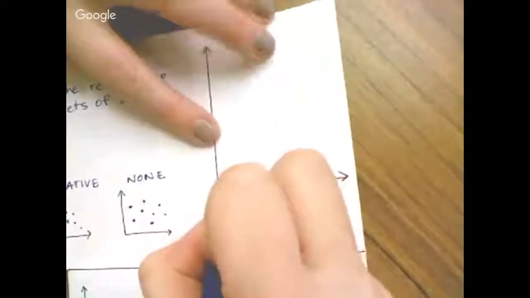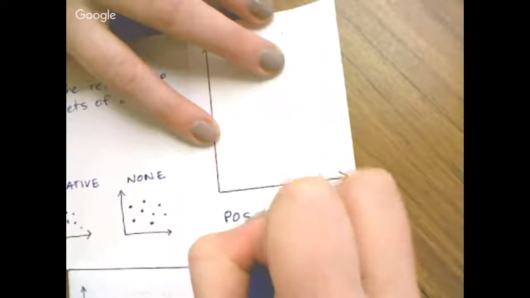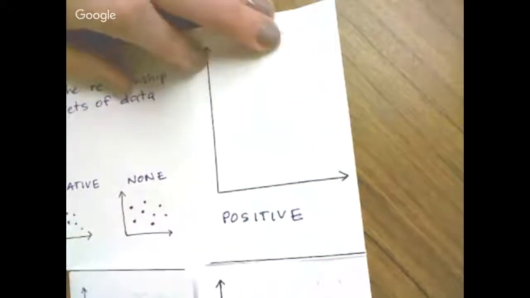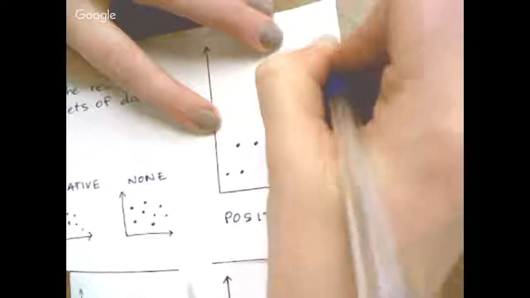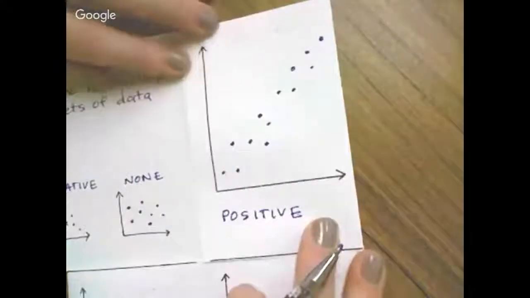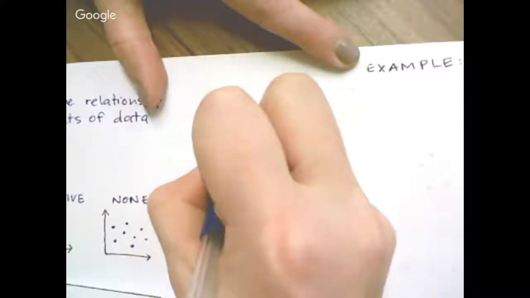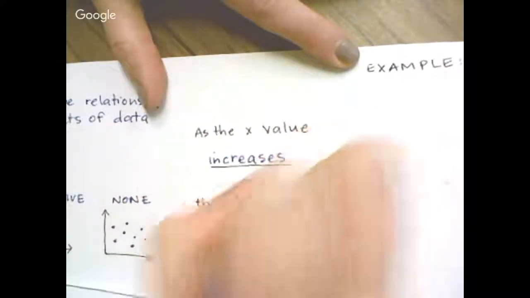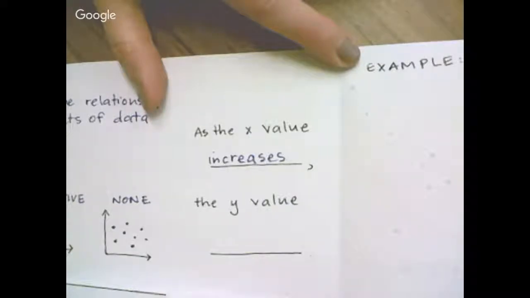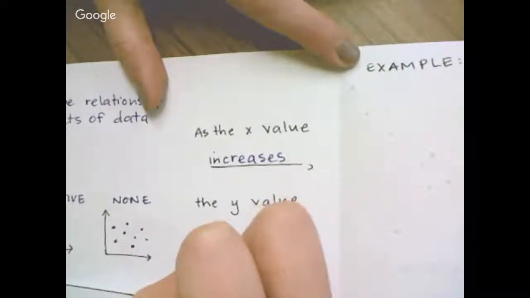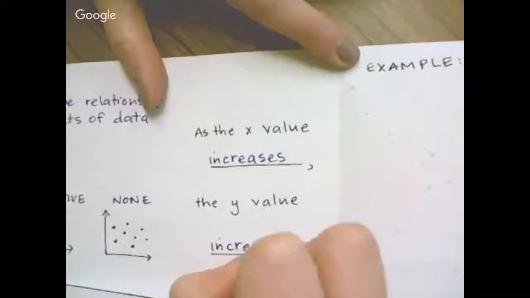So let's look closer at a positive correlation. So again, this is when our dots come together in a positive slope. And specifically what this means is as the x value increases, as the x goes up, the y value also increases.